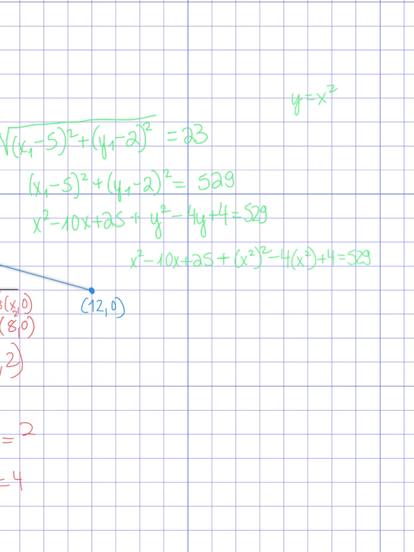And then we're going to have x to the 4th minus 4x squared plus x squared is minus 3x squared. And then we have minus 10x, 25 and 4 is 29, and minus 529 is minus 500 equals 0.